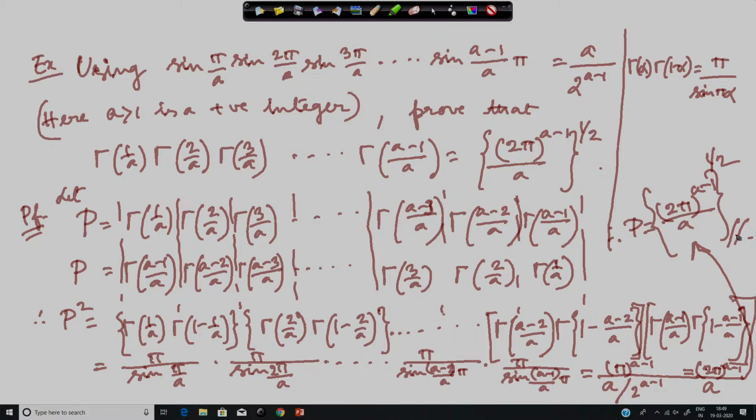Well, so one more problem, one typical example rather, through which you can solve many other examples, that I must tell you.